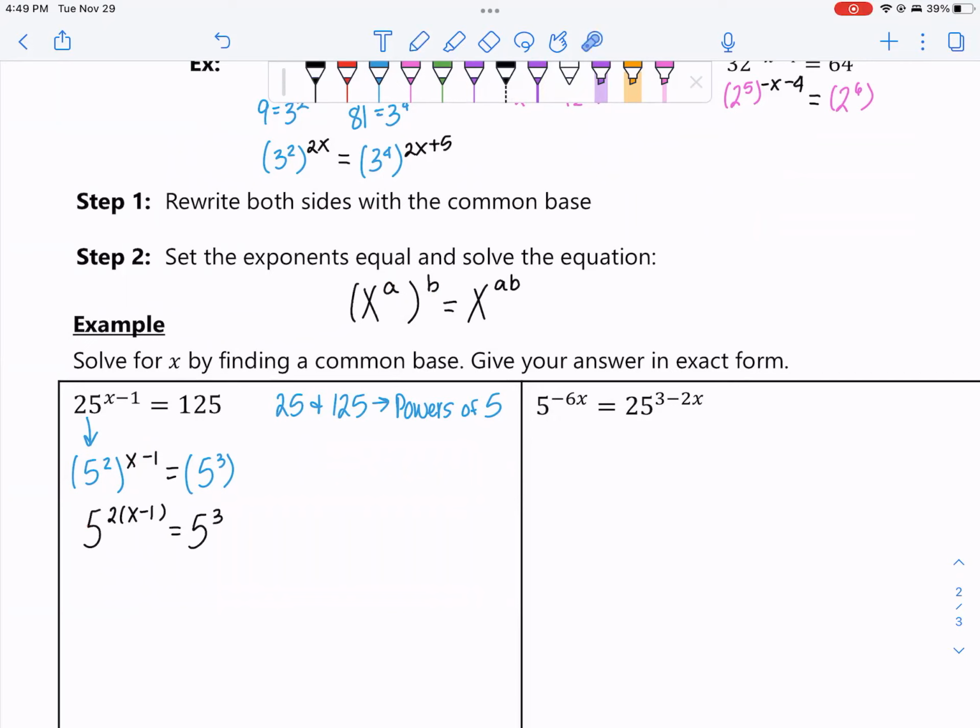Look, we now have the same base on both sides, right? 5, 5, which means we can set the exponents equal to each other.